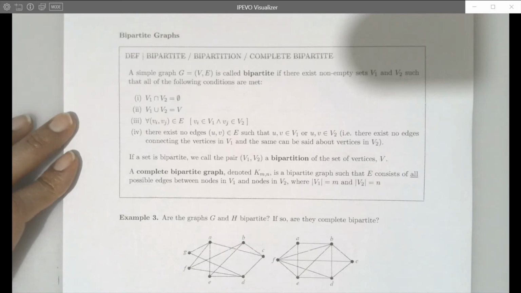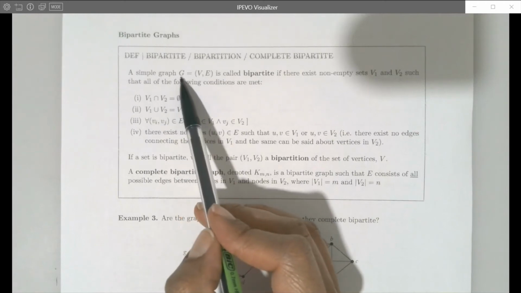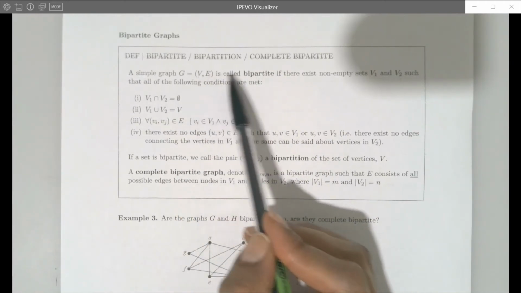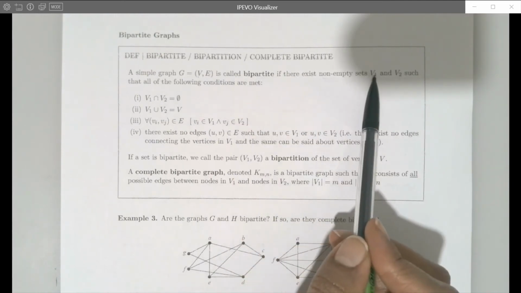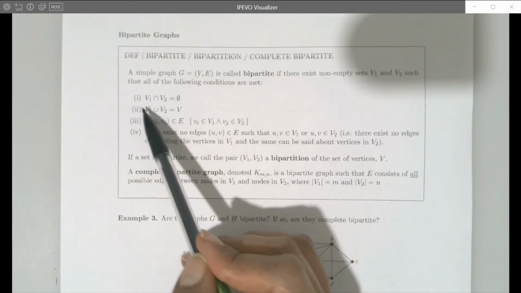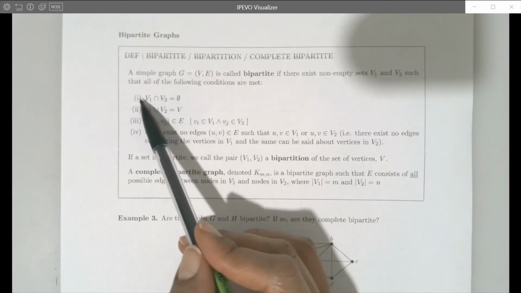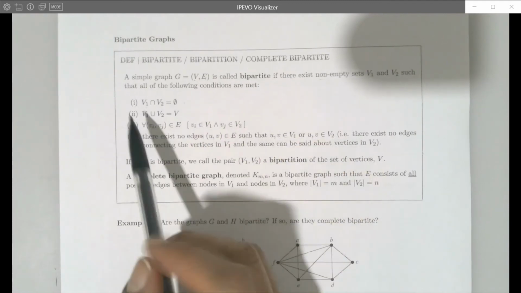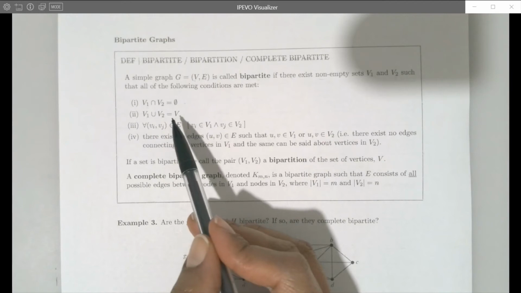We're now going to take a look at bipartite graphs, starting with the definition. A simple graph G with set of vertices V and set of edges E is called bipartite if there exist non-empty sets V1 and V2 such that all of these are true. V1 intersect V2 is the empty set, which means that they are disjoint. The union of V1 and V2 gives you the set of all vertices.